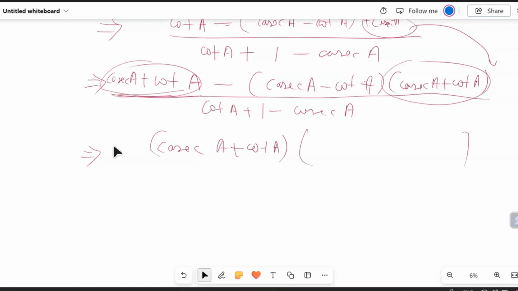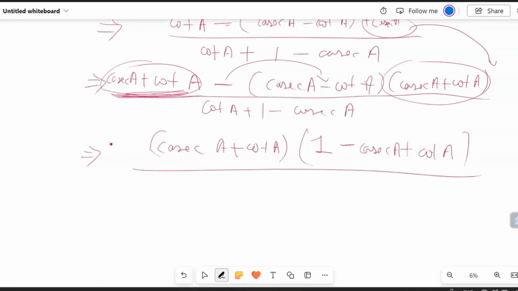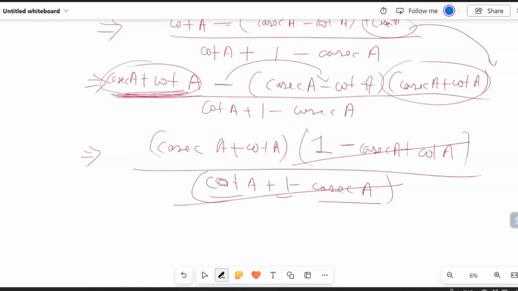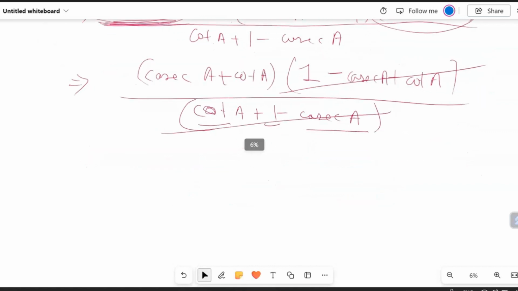Here it will remain 1, and there is a minus sign, so minus, and we can open the bracket, so minus cosec A, and minus minus multiply plus, so plus cot A divided by, you can do in another step also, but it's fine to do in this step, otherwise one step you have to increase, 1 minus cosec A. So we can see that it is written 1 minus cosec A plus cot A, so this will cancel out, and the remaining one is cosec A plus cot A. That will be your answer.